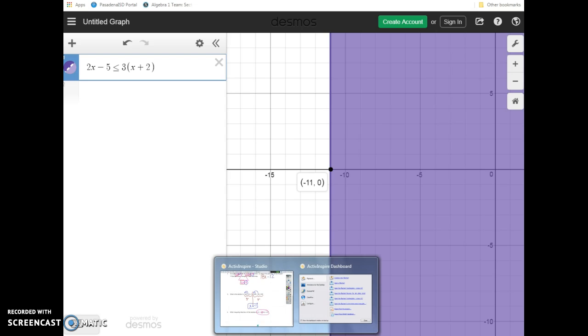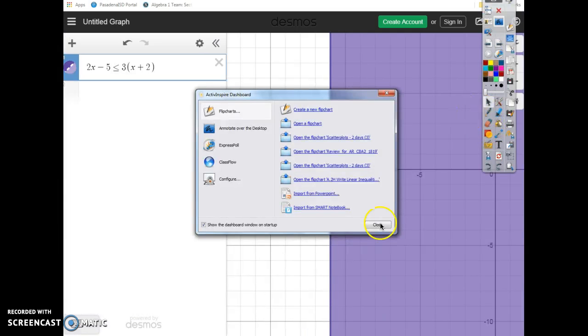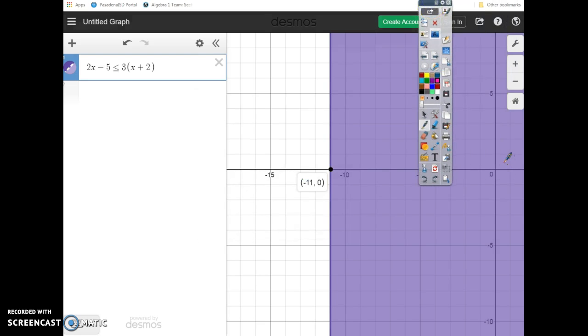To the right. So if I was to draw arrows, remember this one goes like this, the number line, and this one goes like this, and because it's shaded to the right, I'm going to use this symbol, which is greater than or equal to, because this is a solid line. Okay?